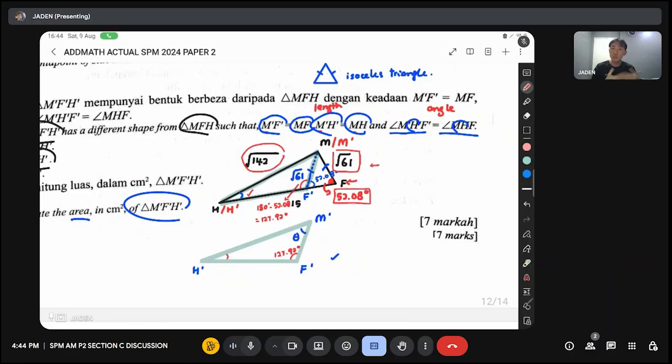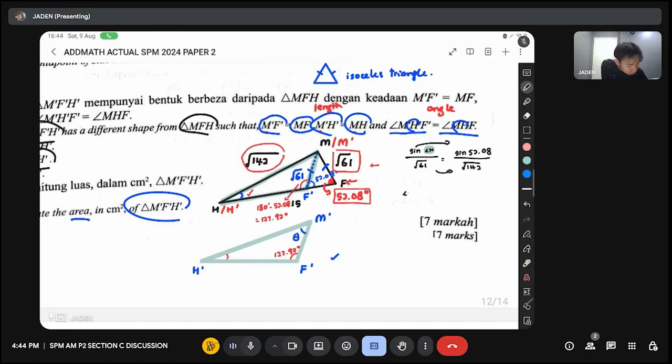So that means we can use one of the things we learned before, the sine rule, to get our angle H. The sine rule means I write here: sin H over √61 equals sin 52.08 over √142. I'm going to create this equation so that I can get my angle H. Bring this over and bring the sine to the right as well.